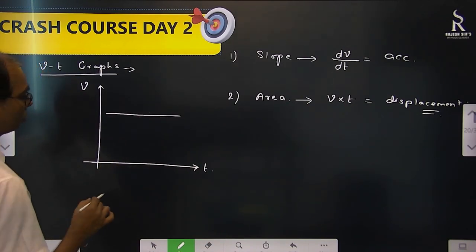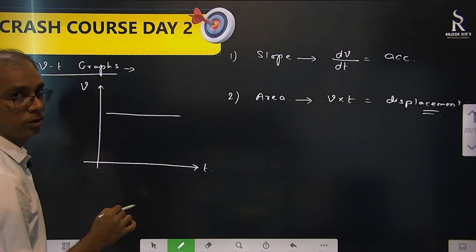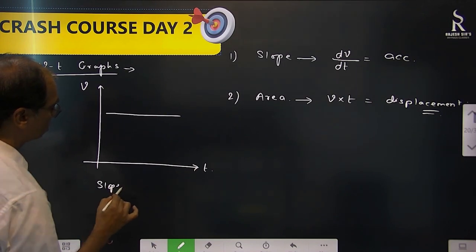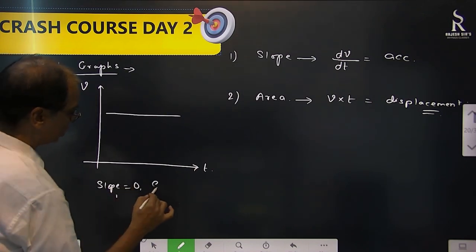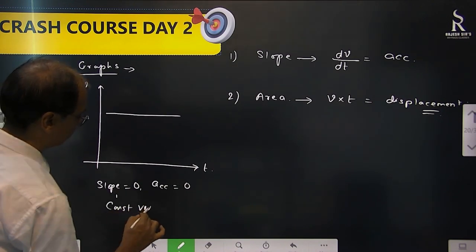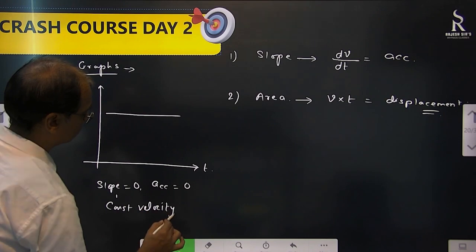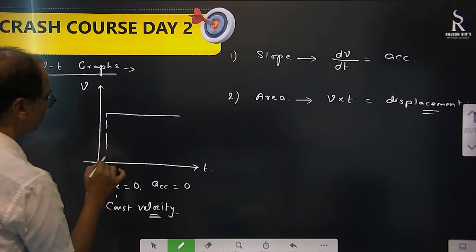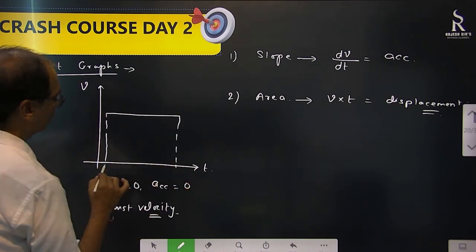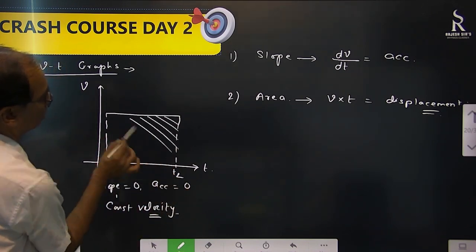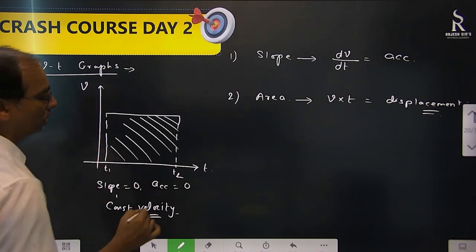Slope 0 means acceleration 0. Acceleration 0 means constant velocity. If anyone asks you what is the displacement, just put the times t1 and t2, and find its area. That is the displacement.